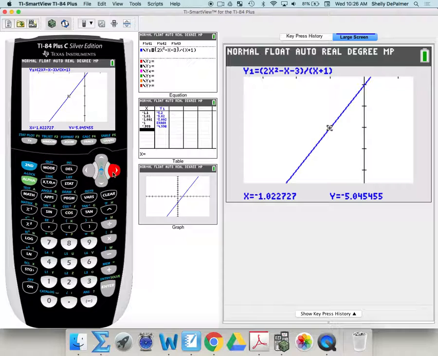See, I'm getting closer to -5, and then I jumped on the other side, and I was on the other side of -5. So at any rate, either way, you can find that the limit as x approaches -1 of this function is -5. And I'm going to show you Desmos as well.